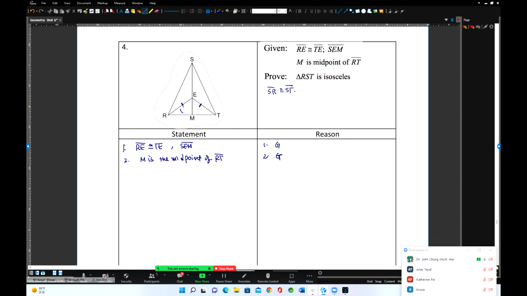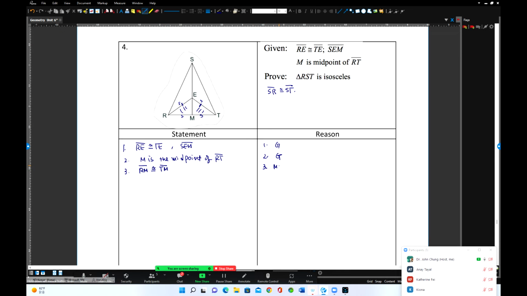Now I'm gonna prove these two triangles are congruent first. Okay, alright. So we got the one side there. And midpoint, another side over here, right? They're gonna be equal. I'm gonna write this one. So RM congruent TM, right?